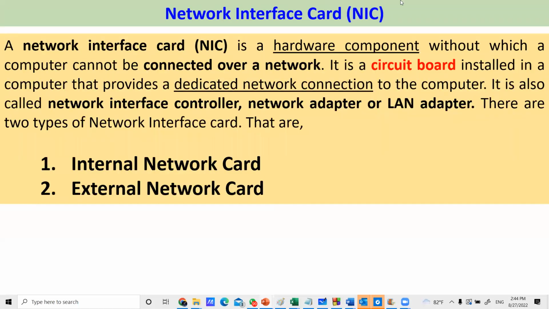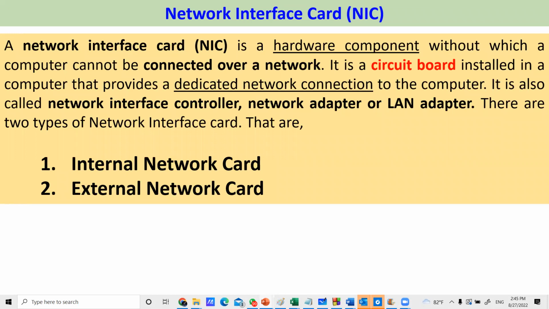device called the Network Interface Card, NIC. You must have a network interface card if you want to connect your computer to another computer. It's not an external device. All the devices which we discussed up to now are external, that means bridges, switches, hubs, routers.